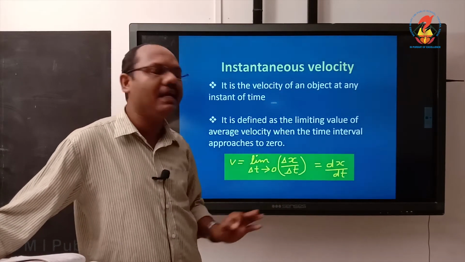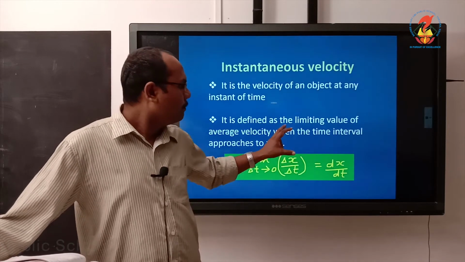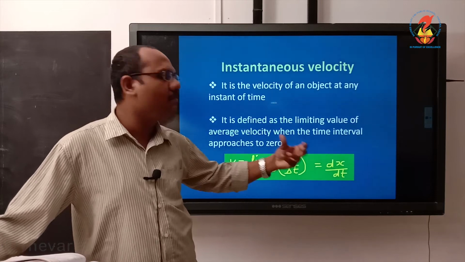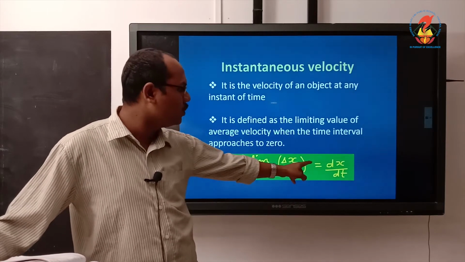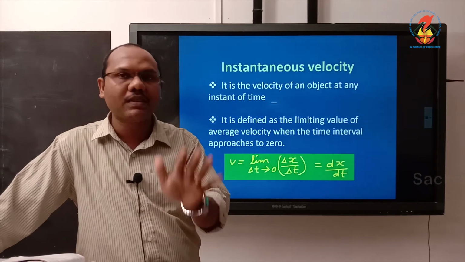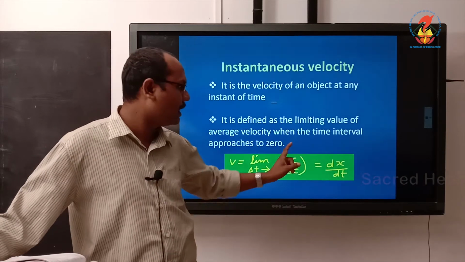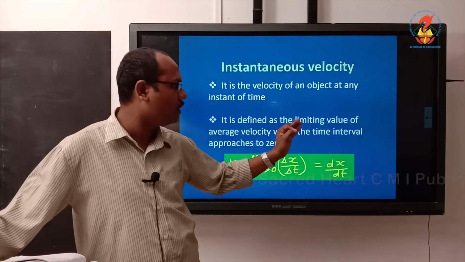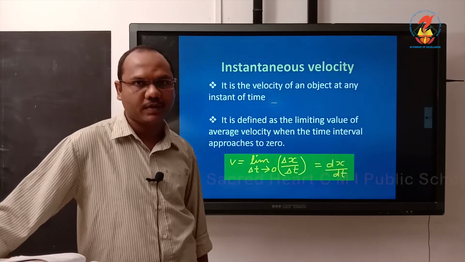So d by dt of x means the change in position with respect to the change in time. Change in position with respect to change in time, that is dx by dt. So this is called the first order time derivative of position.